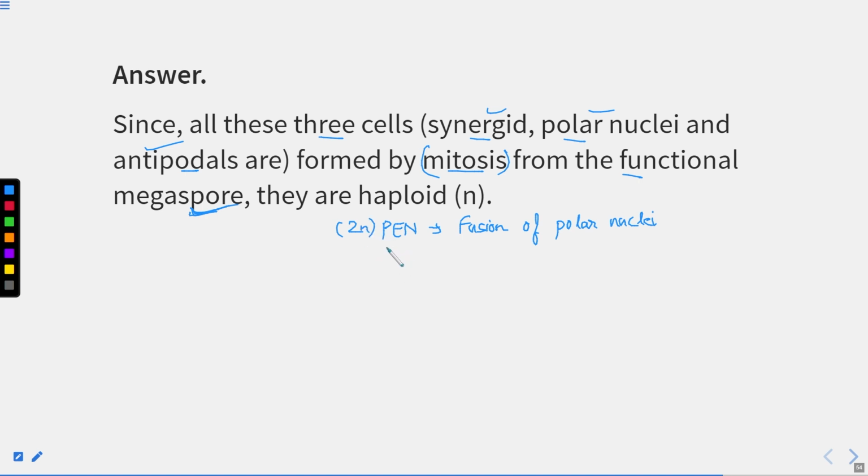Later on, the primary endosperm nucleus combines with one male gamete, which is haploid. Now what will be the result? A triploid cell is formed, which is known as the endosperm. So the ploidy of endosperm will be 3n.